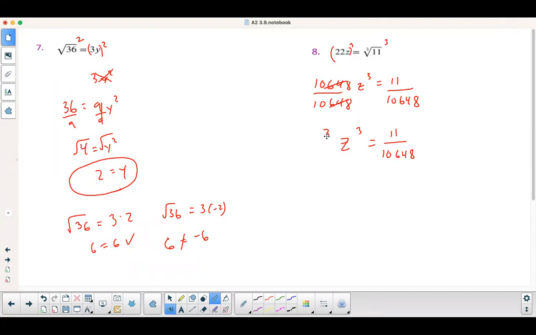And then let's cube root both sides. So I'm going to end up getting z equals the cubed root of 11 over, I know the cubed root of 10,648 is 22. So I'm just going to leave it like that as my answer.